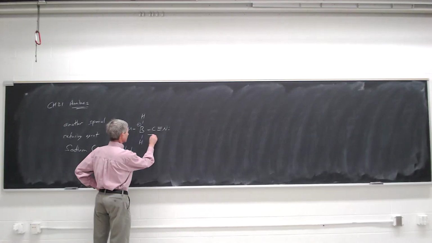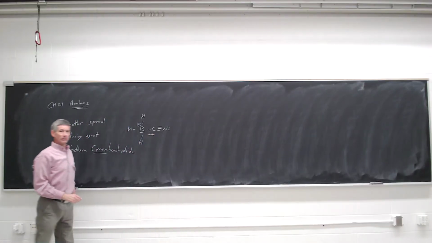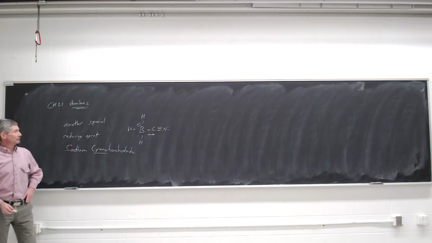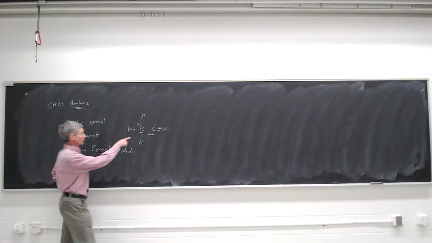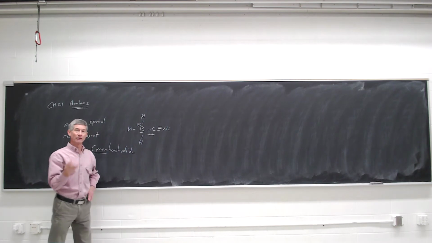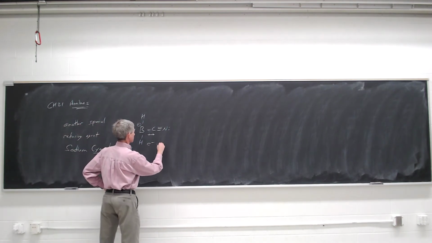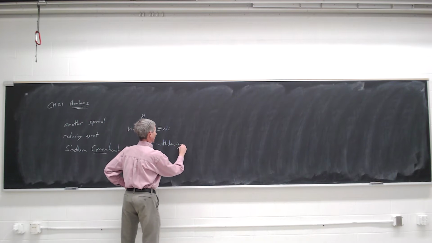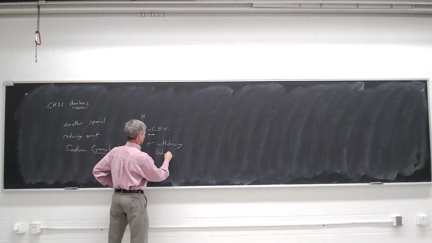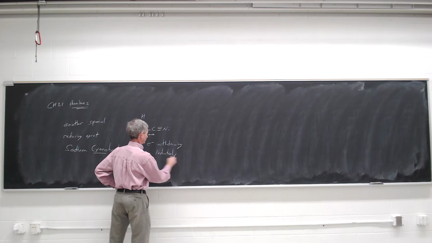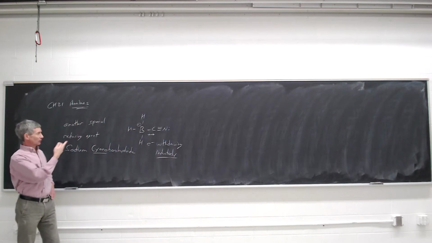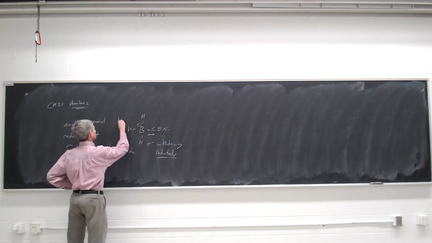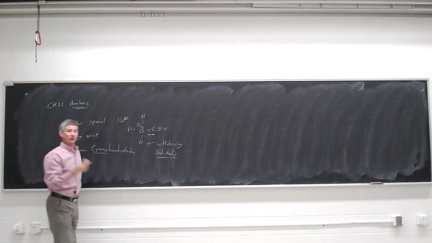It is a lower reactivity borohydride because of the electron withdrawing nature of the cyanide through an inductive effect. And thus, sodium cyanoborohydride is less reactive than sodium borohydride itself.